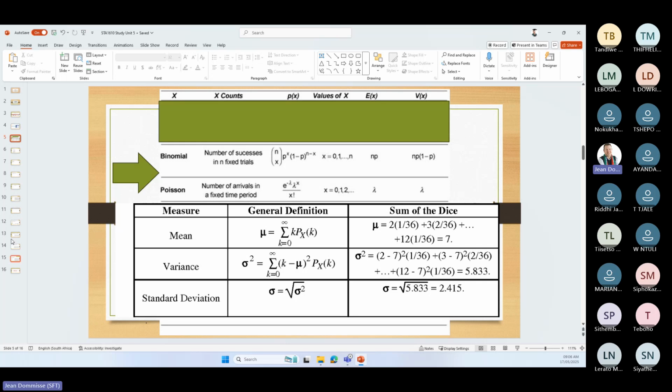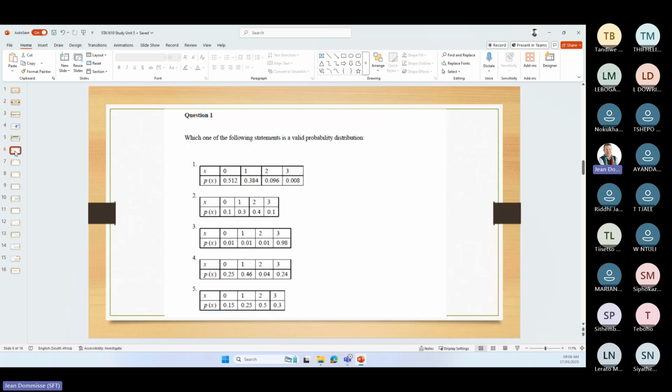Okay, so it's always easier to use examples for this one than to look at it from just a pure definition point of view. In this example, they give us a question where we need to say which of the following are valid probability distributions.